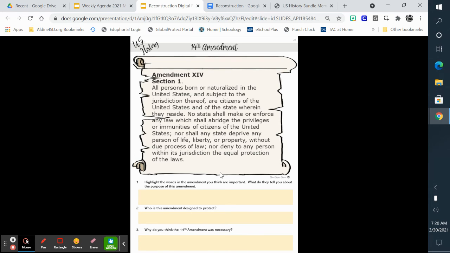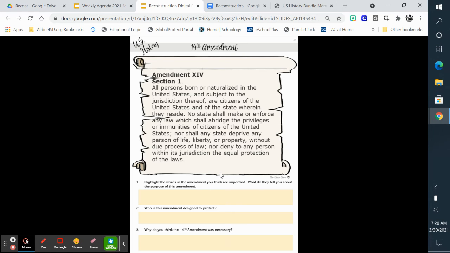The 14th Amendment, Section 1: All persons born or naturalized in the United States and subject to the jurisdiction thereof are citizens of the United States and the state wherein they reside.